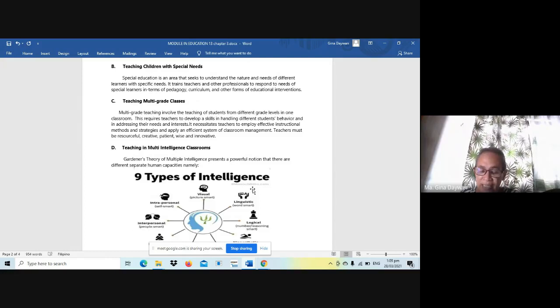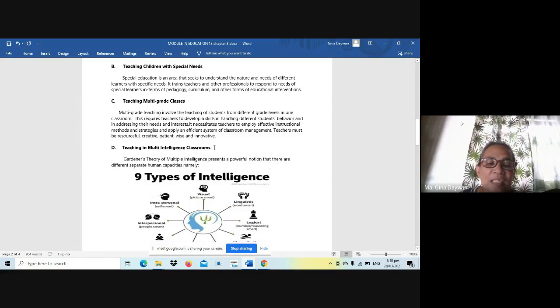They will be bringing the magic of learning to their classes. They plan effective lessons for their students, monitor students' progress, and motivate students to learn. So they must be resourceful, creative, patient, wise, and innovative. Okay, so that is teaching in multi-grade classes.